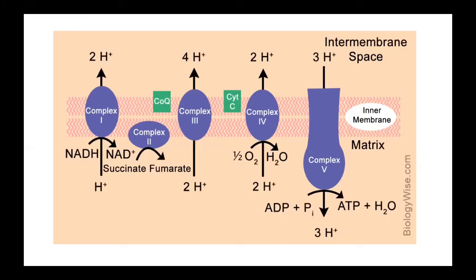Then the accumulation of protons outside the membrane gives rise to a proton gradient here. And this high concentration of protons starts the process of chemiosmosis that activates the ATP synthase complex, which is complex 5.